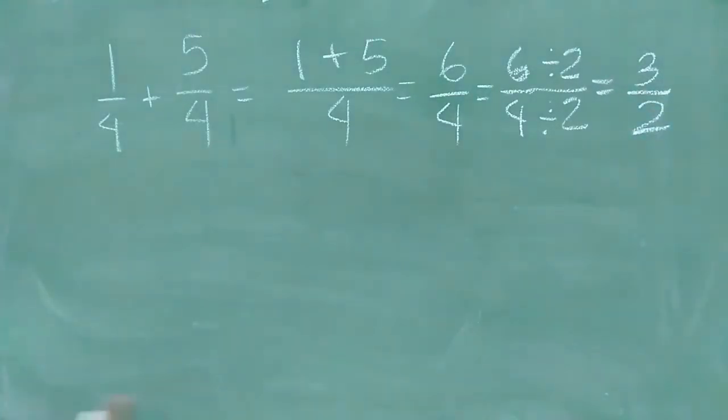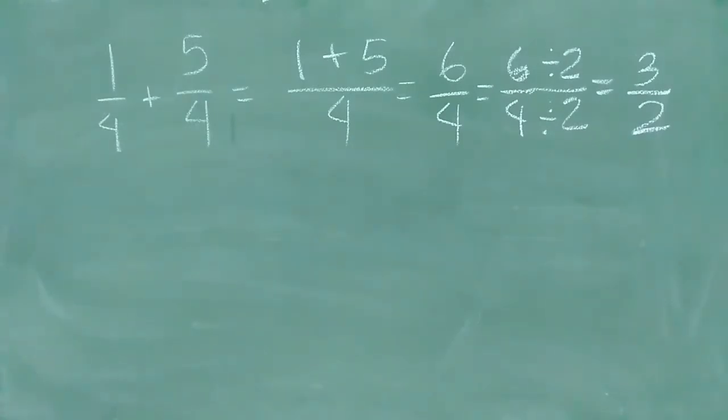That is our final answer for adding and subtracting fractions. So in this example, we learn two things: how to add fractions, and also how to reduce fractions. Is that clear?